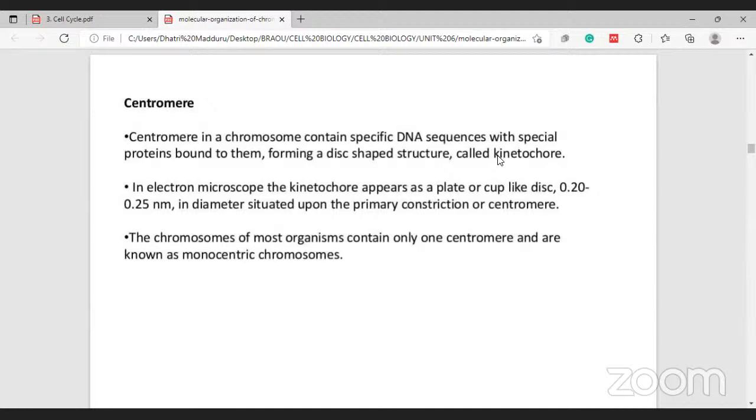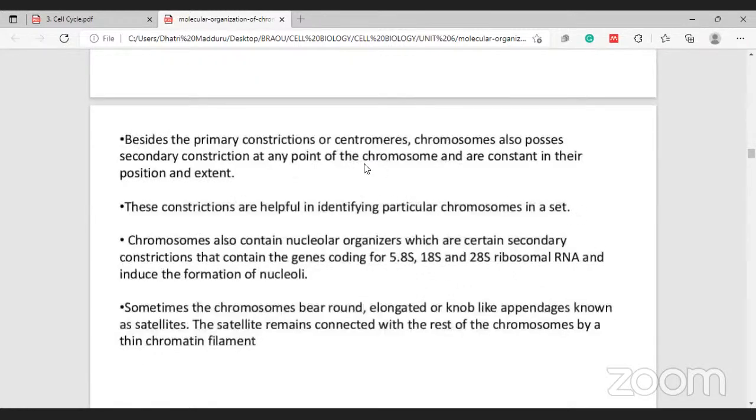The chromosomes usually contain only one centromere, and they are called monocentric chromosomes. But some may have more than one, though commonly they contain one centromere.